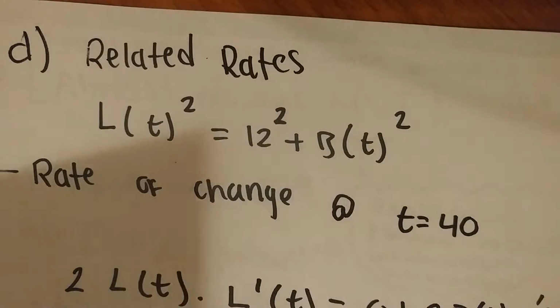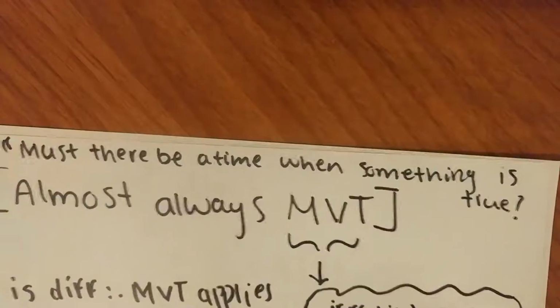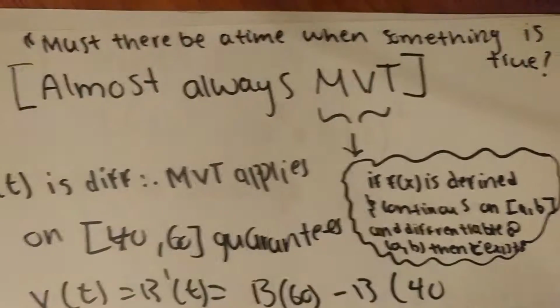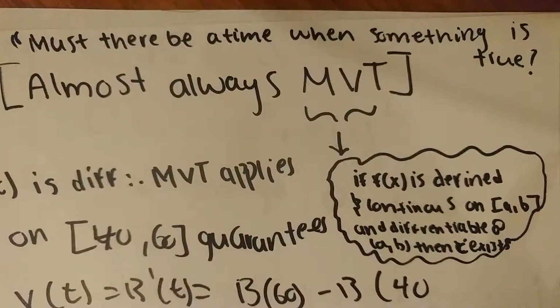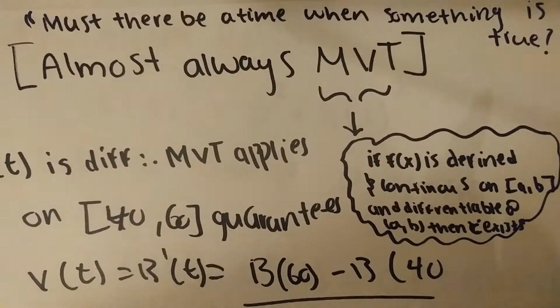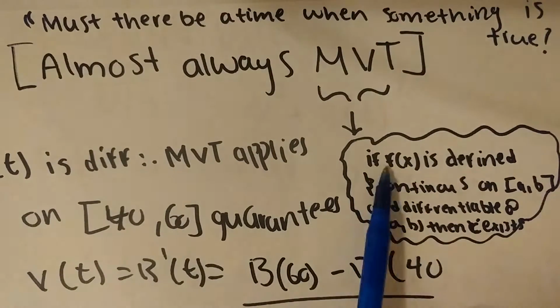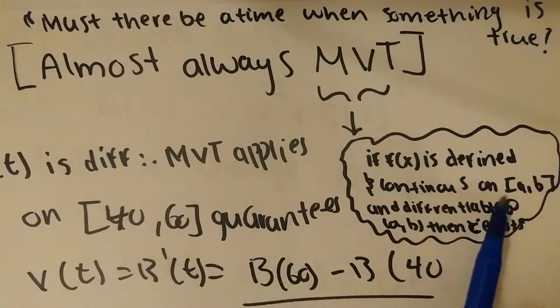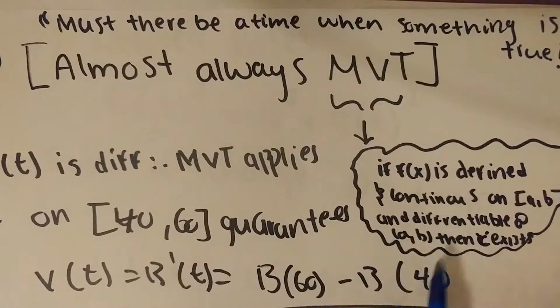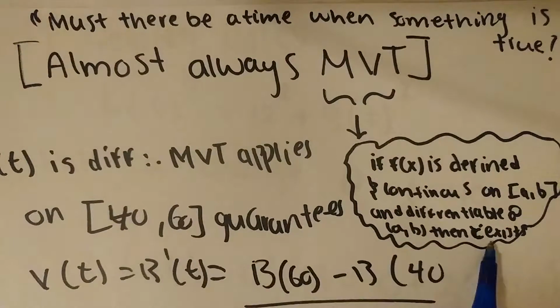Moving on to part C. Part C is one of those problems asking, must there be a time when something is true. With practice, almost all the time, those problems are going to be related to MVT, the mean value theorem, which means if f of x is defined and continuous on this interval, and it's differentiable, then there has to be a c which exists within that section.